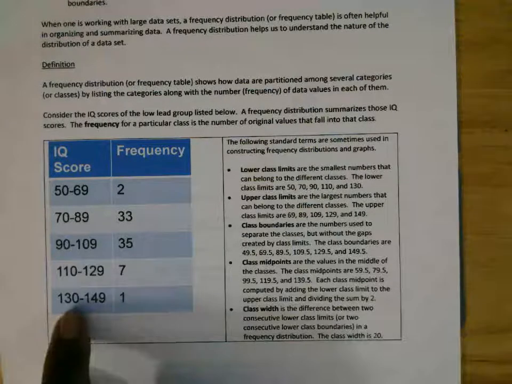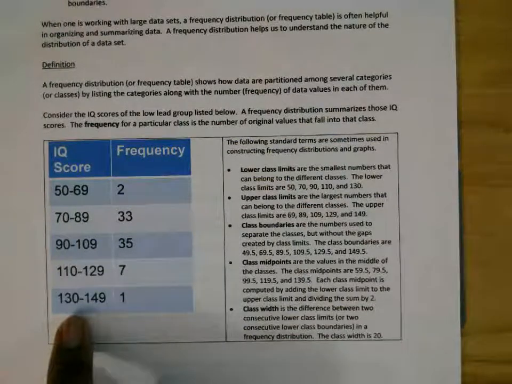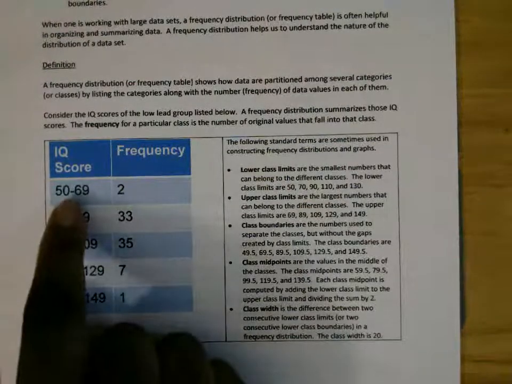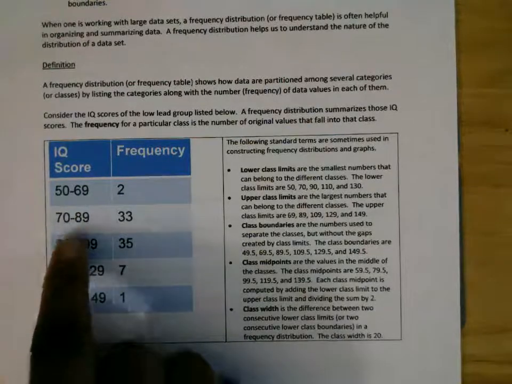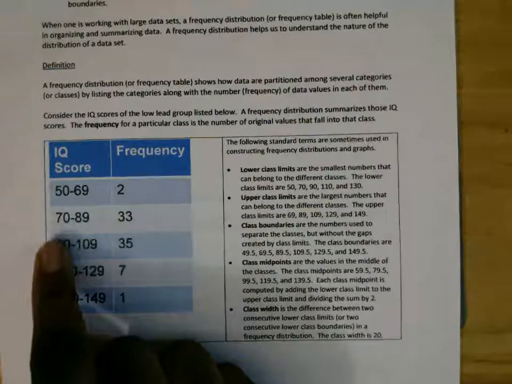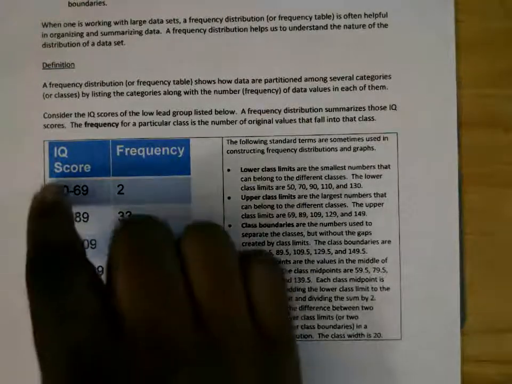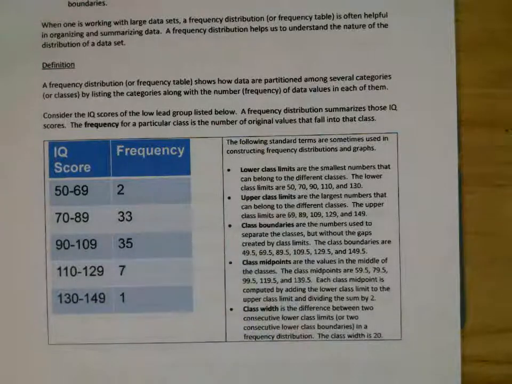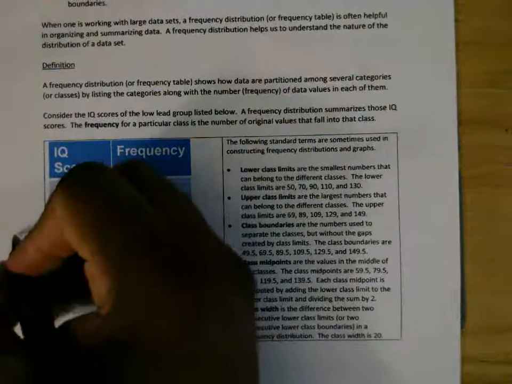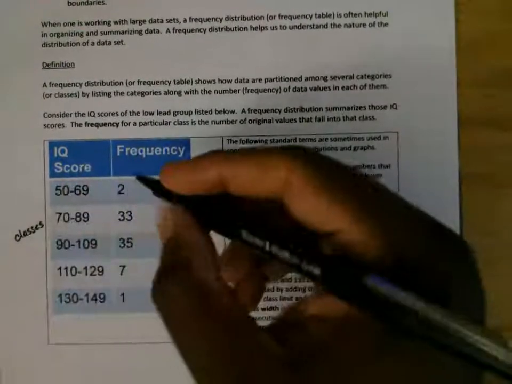Okay, so here's what a frequency distribution looks like. On the left, you see the IQ score in a particular class. So these numbers that you see here from 50 to 69, that represents a class. Then 70 to 89 represents a class, and so on. So these are your classes on the left side of the frequency table. And of course, these numbers represent the frequency.